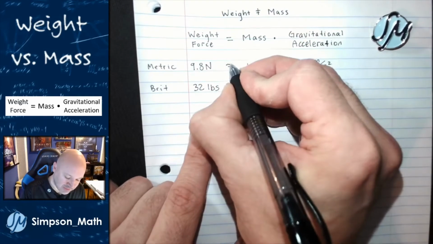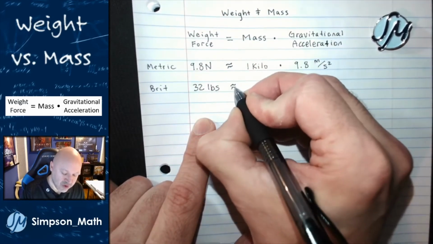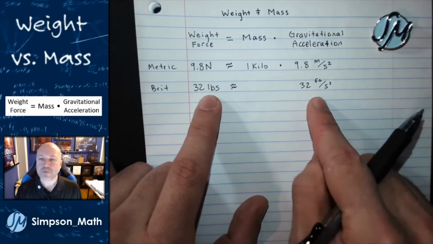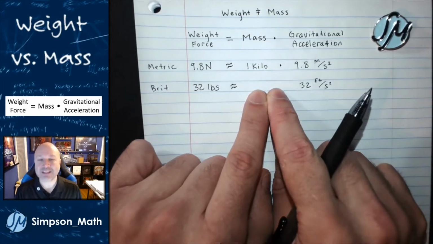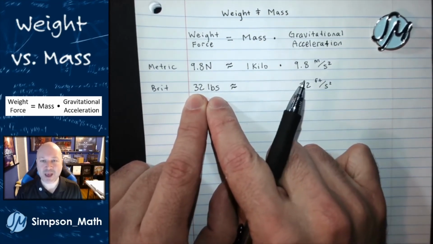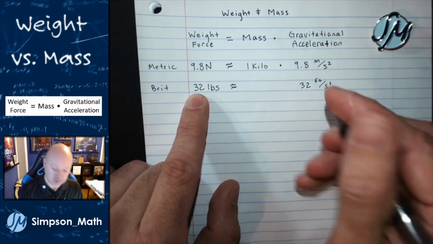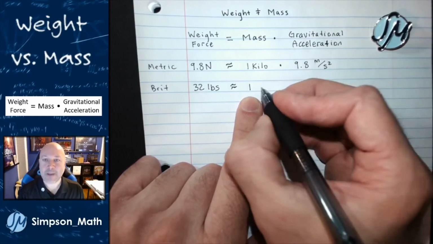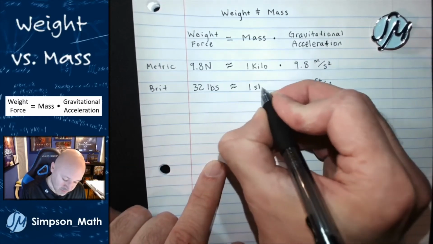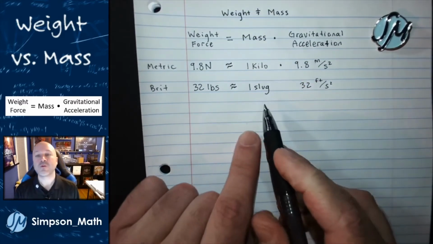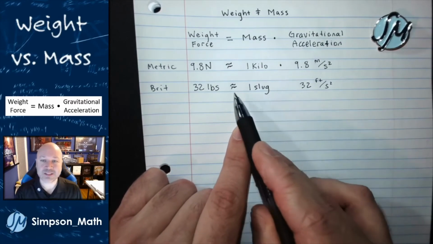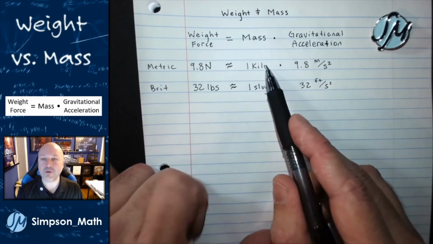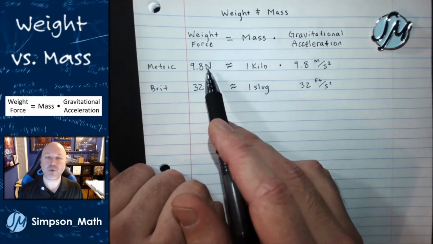In fact, I should make these approximately equal signs. It's about 9.8. It's about 32. So if I want to know the mass of an object that weighs 32 pounds, I simply divide by the 32, and this is 1, and this unit is not commonly referred to, but it is called a slug. 1 slug. So 1 slug, that's a quantity of mass, on the Earth weighs 32 pounds. 1 kilo on the Earth weighs 9.8 newtons.